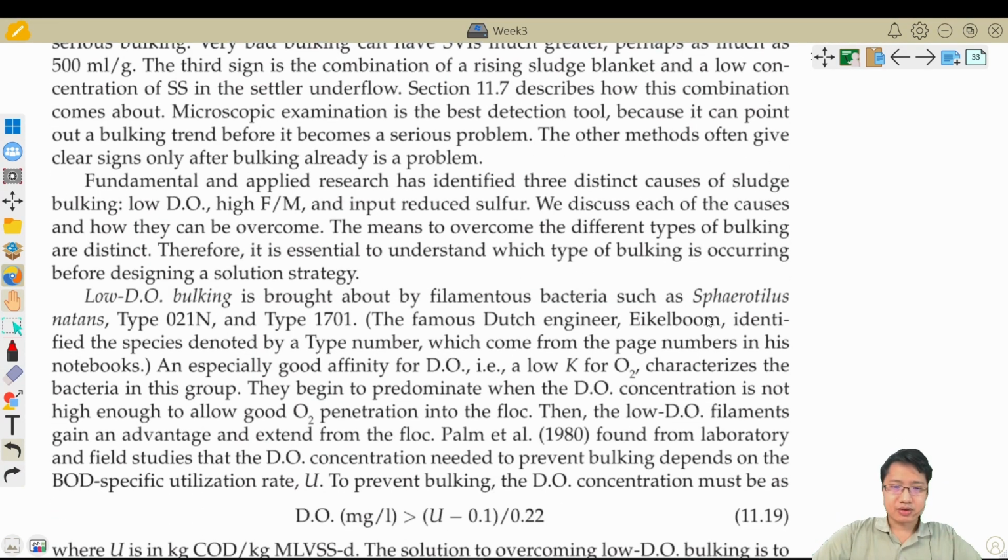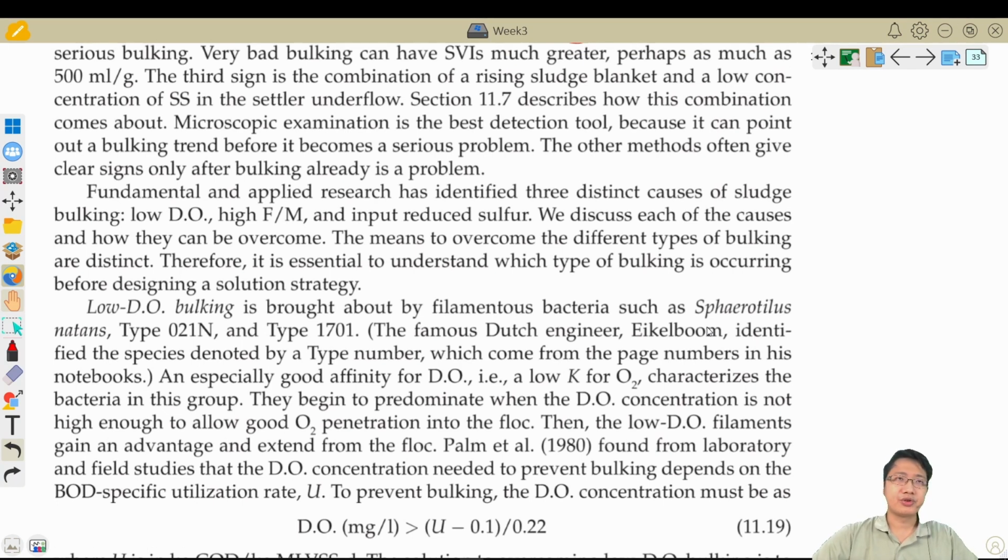Okay, and there are a few reasons that will sometimes cause bulking sludge. We just mentioned the low DO concentration and the high effluent ratio, and also some reduced sulfur in your influent.